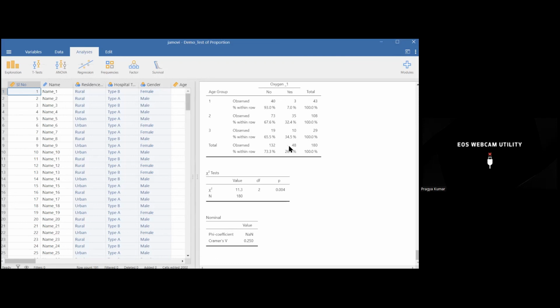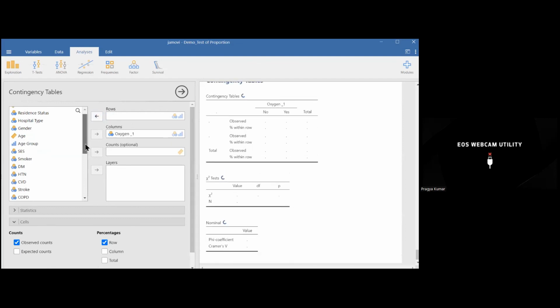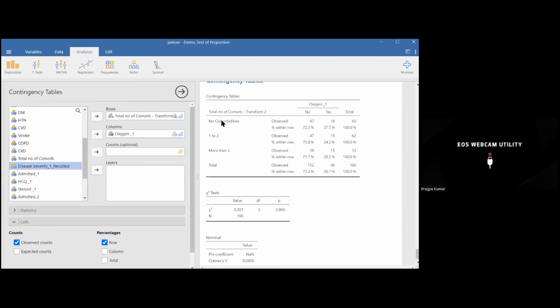If I double click this, this will appear. So I'll shift this back: oxygen requirement and number of comorbidities. This is comorbidity 1, 2, and 3, meaning no comorbidity, 1 to 2, and more than 2.